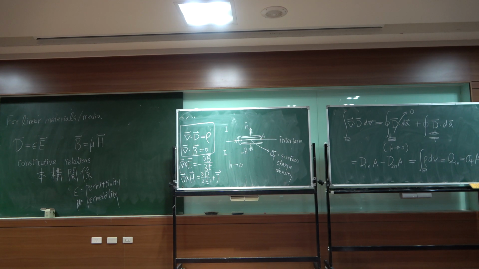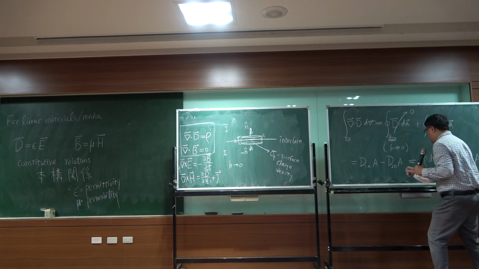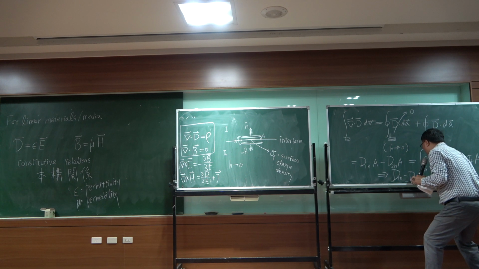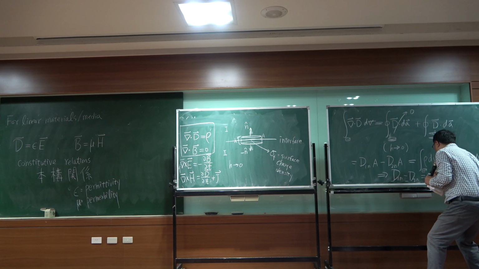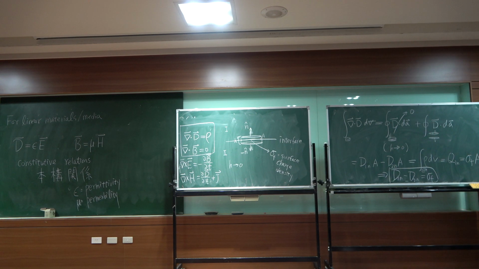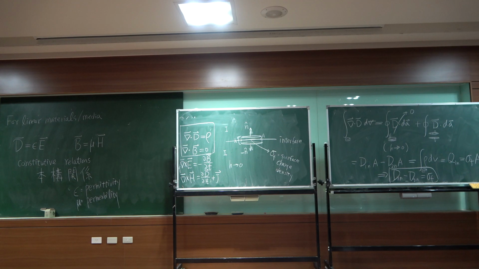Okay, so finally we get D1n minus D2n is equal to sigma f. So the difference of the normal component of the displacement field is equal to the surface charge density.